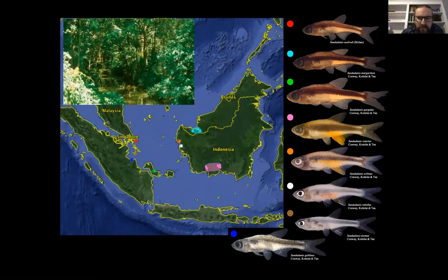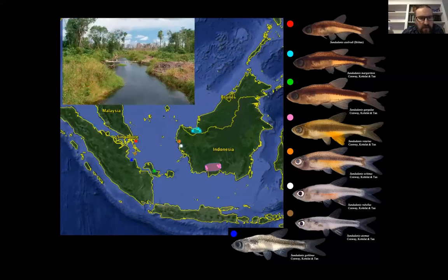Unfortunately for Sundadanio, they live in habitats that are under significant stress. These habitats are disappearing rapidly, and in many cases, the peat swamps that these fishes were collected from in the 1990s are actually no longer there, and what's there instead is a palm plantation. And it's possible that some of these small fishes that were only relatively recently described may already have been extirpated or even become extinct.